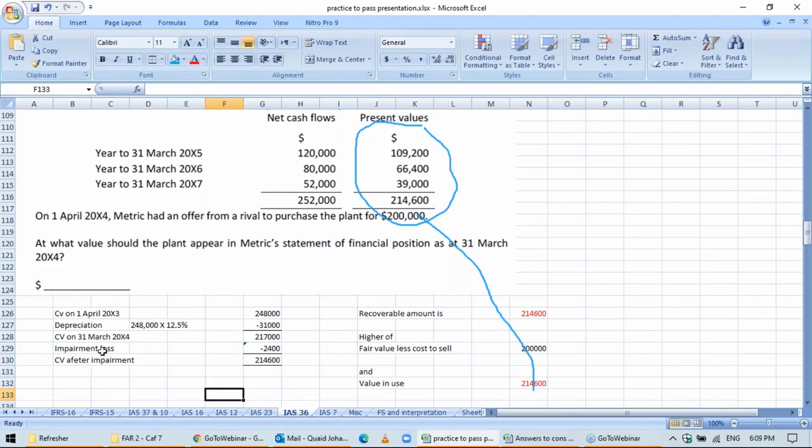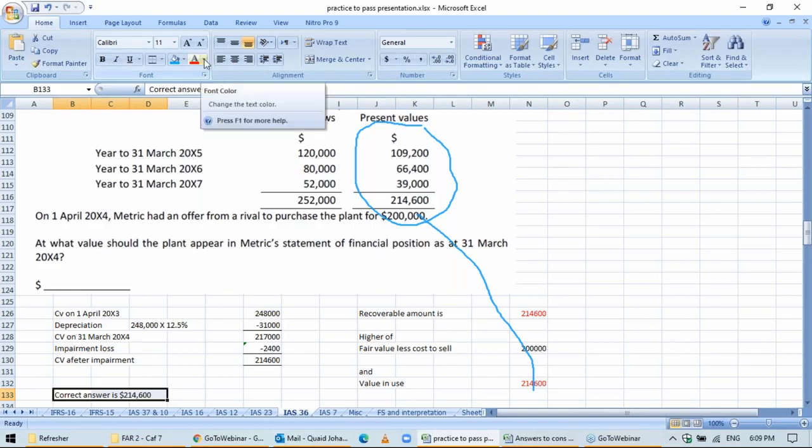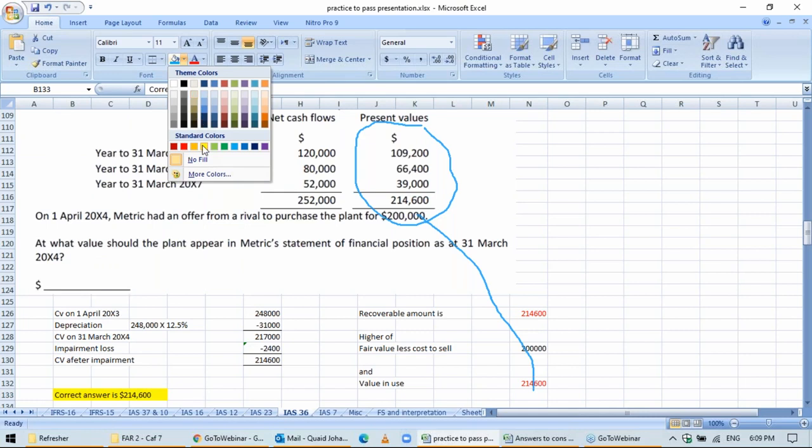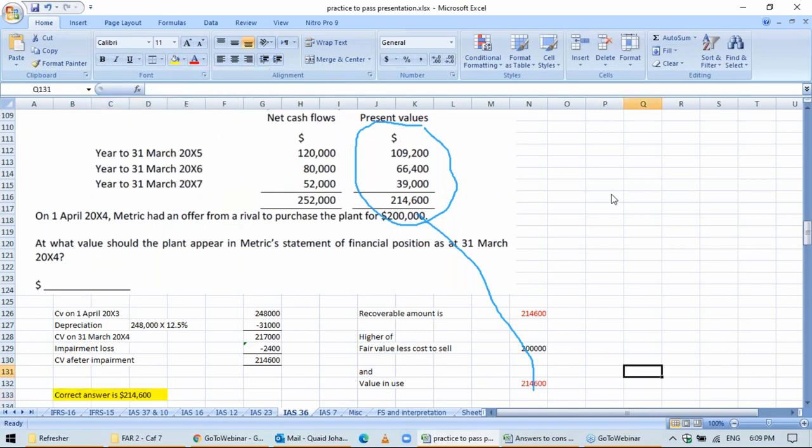So the correct answer is $214,600. This will be shown in the financial statements for the property, plant and equipment, for the plant. Okay, so that's the answer.